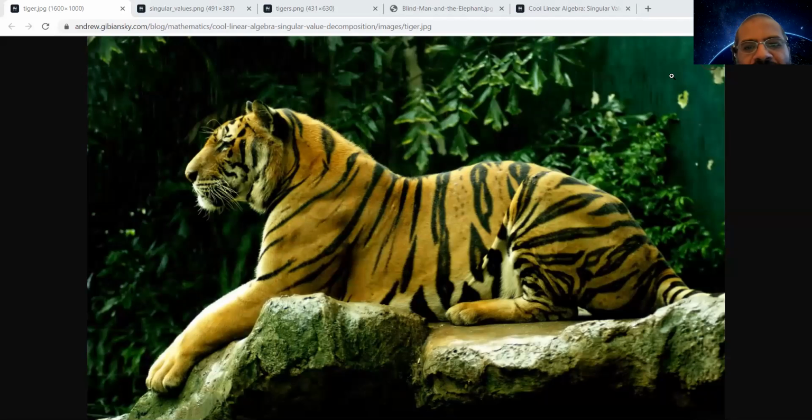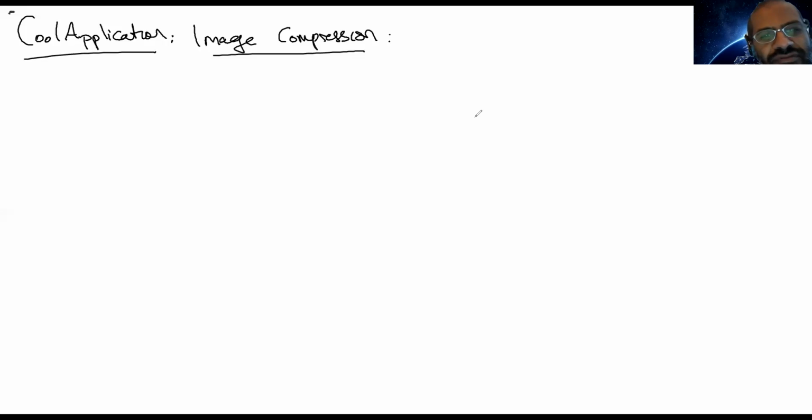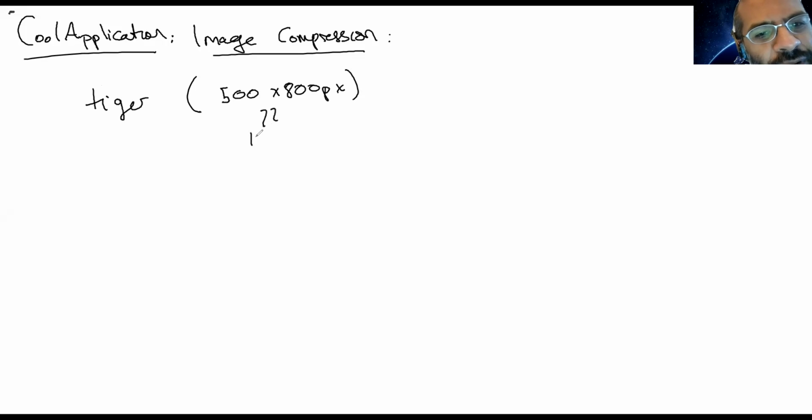In fact, that's what happens with JPEG or any of these image formats. This tiger was actually a 500 by 800 pixel image. So that takes about 1 megabyte of storage if you really want to store all the pixels. So I want to store something that looks like a tiger, but using fewer pixels.